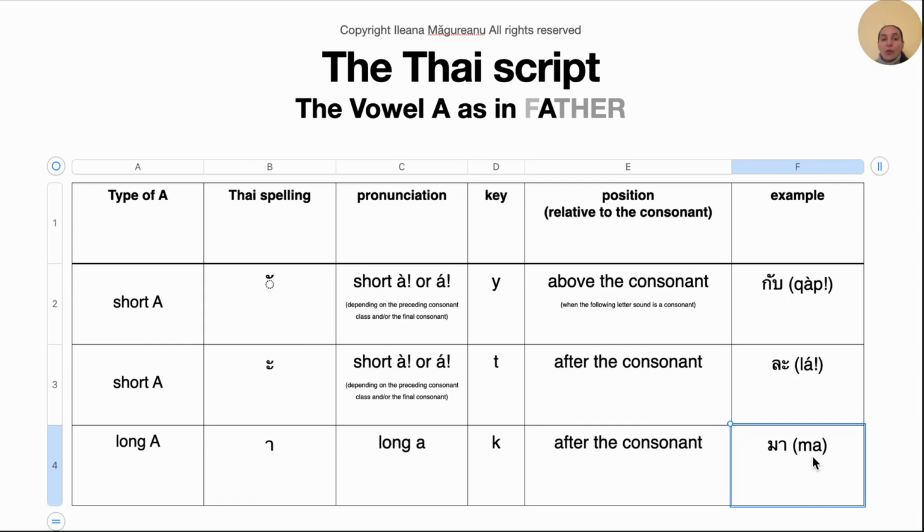So, two types of a, short or long. We will not be discussing the short a further. We will be focusing on the long a because the next step is to understand tones. Before being able to master different vowel lengths in conjunction with tones, we will need to understand how tones really work.